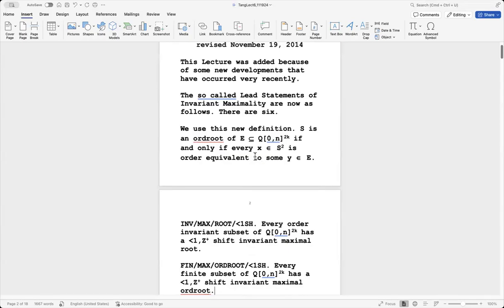An ORD root means that every x in S squared is order equivalent to some y in E. So this is almost identical to the root statement, but it's in a different style, which is the style that I use for emulators. So let's review this specifically.